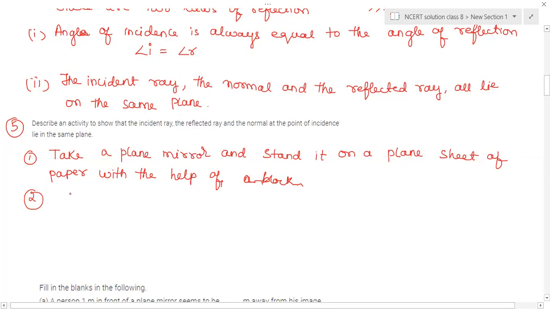So the second point is draw an incident line AB.